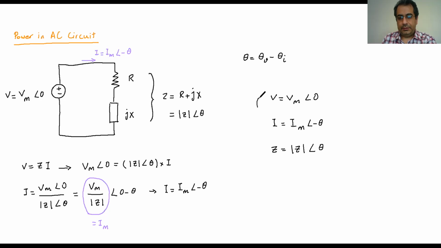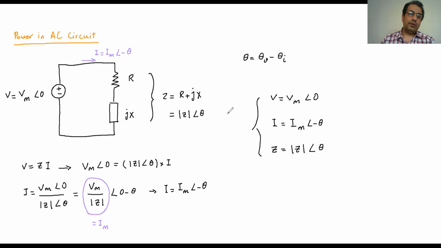So these are the three equations, or three relationships, we have for this specific circuit. Now that we have these three, I want to start to calculate the power for three different conditions. What if we only have a resistance in this system? So this part is 0.